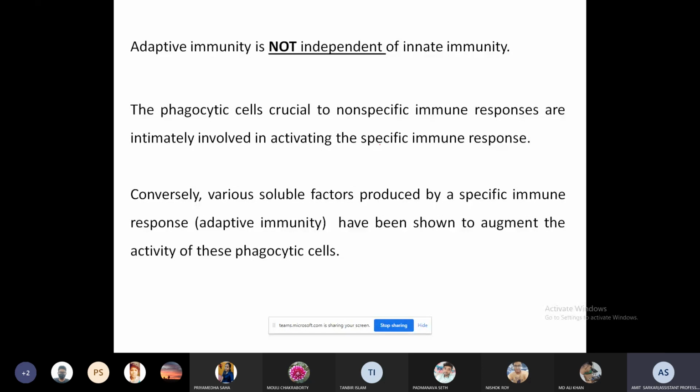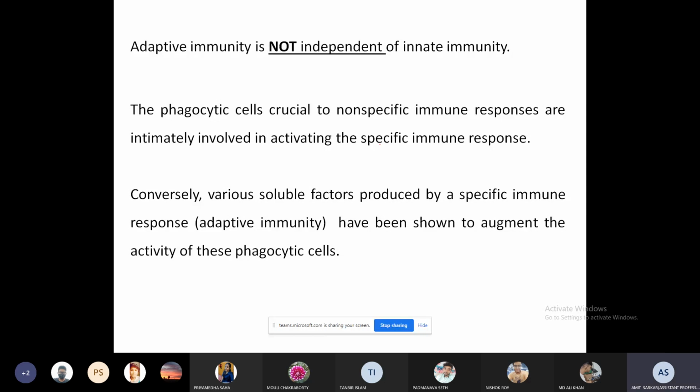We have seen before the phagocytic cell like macrophage, phagocytosing different microorganisms. So they are a crucial part of mostly the innate immunity. They do not have any specificity, any memory, and they're also not diverse, so they only can sense the presence of a microorganism, go to that place, engulf those microorganisms and destroy them. So they're very much a part of innate immunity.